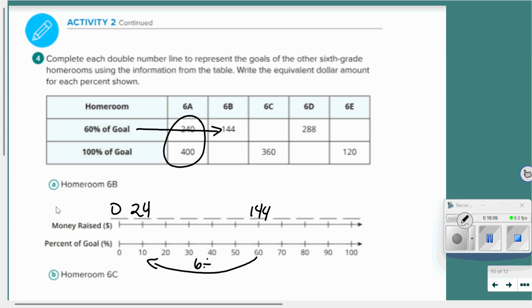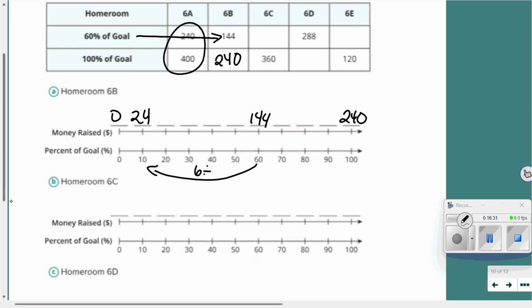In the real world, it would be nice if we finished the rest of the number line, but is it necessary? No, because I know 10% times what would give me 100%? 10. So 24 times 10 is? 240. Make sense? Yeah.